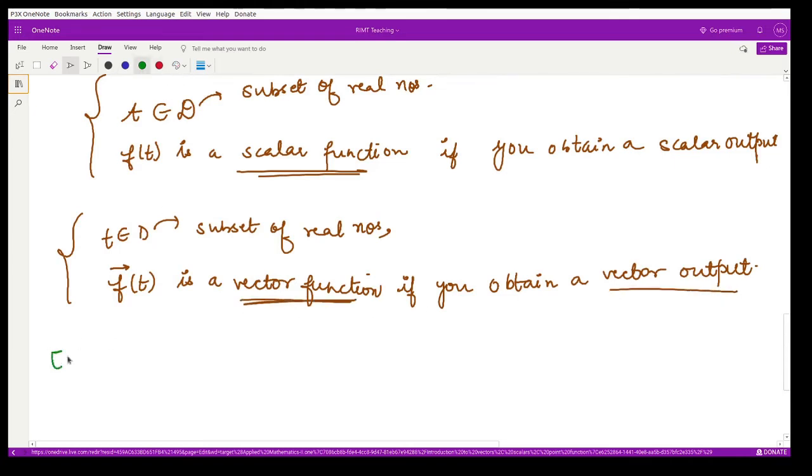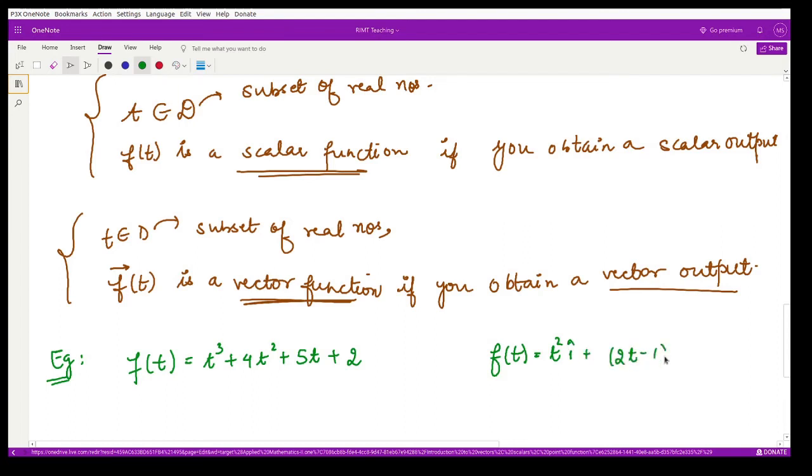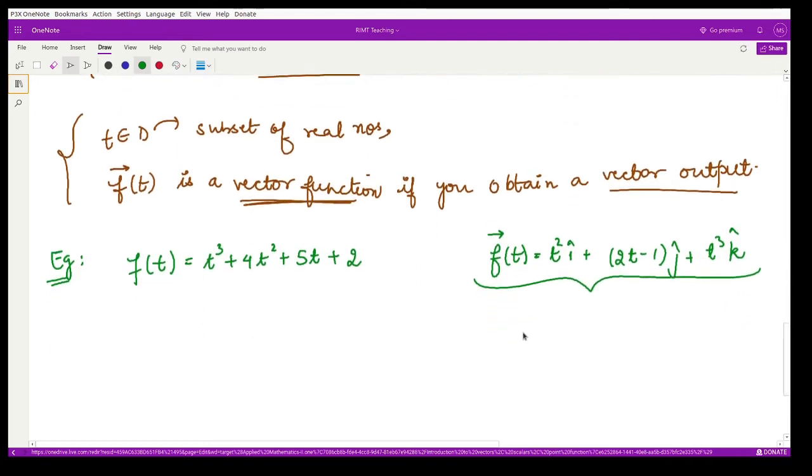For an example, suppose you have a function f of t defined to be t cube plus 4t square plus 5t plus 2, and you have another function f of t defined as t square i cap plus 2t minus 1 j cap plus t cube k cap. Now this second one is a vector function. Why? Because you are inputting t, which is some real number, and what is the output? Suppose you are inputting t equal to 1.